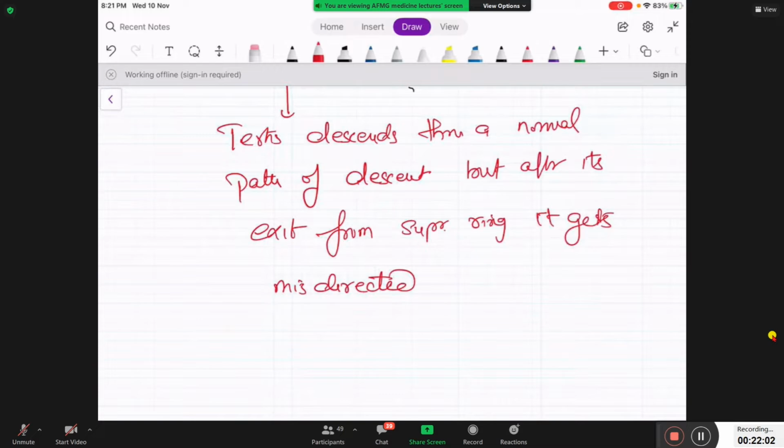Testis here in this condition is descending through a normal path of descent only, but after its exit from the superficial ring, it gets misdirected.